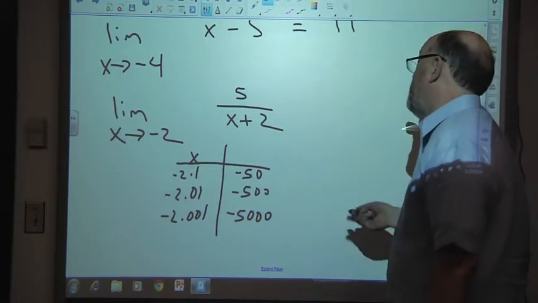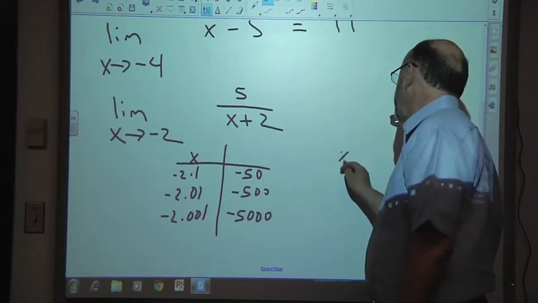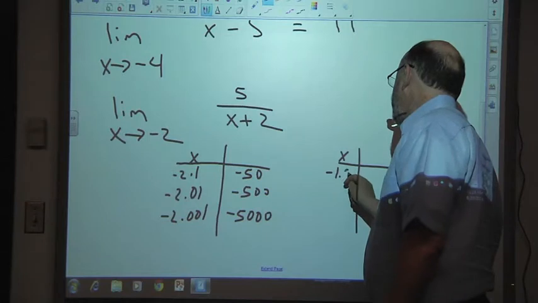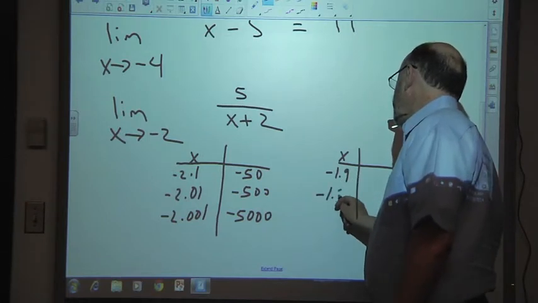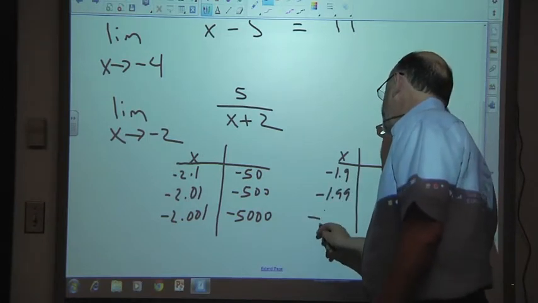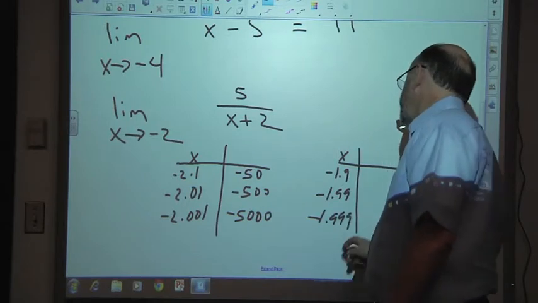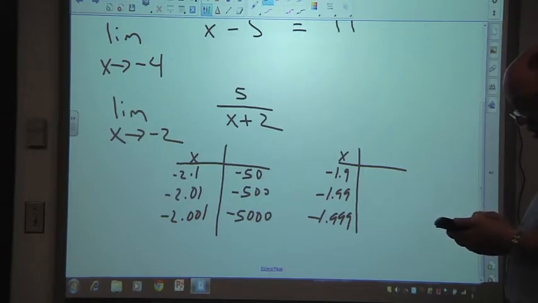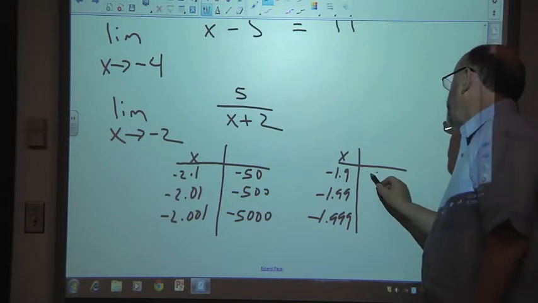That's if I'm using numbers that are less than -2. What about if I go to the other side and say now that we have -1.9, -1.99, -1.999? If I do this, I get 50.